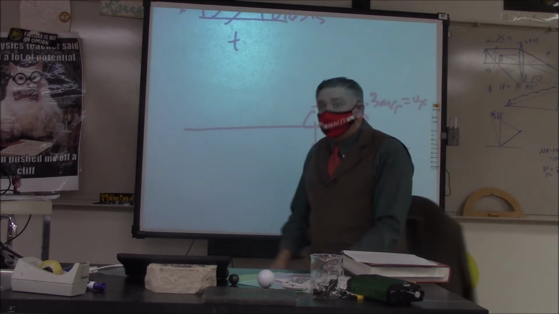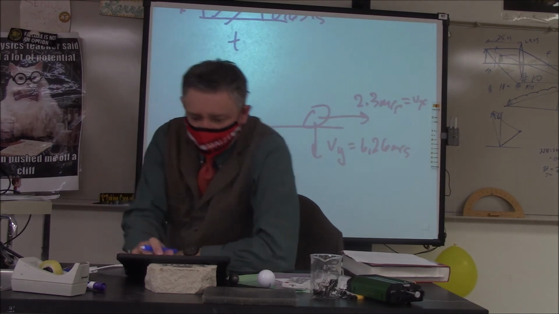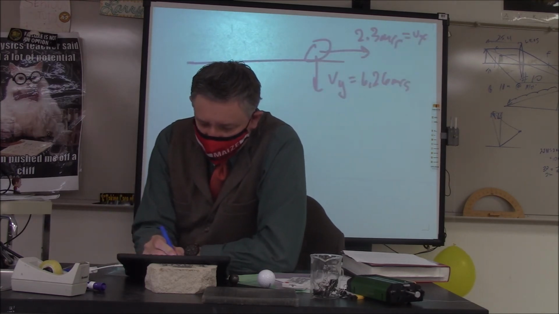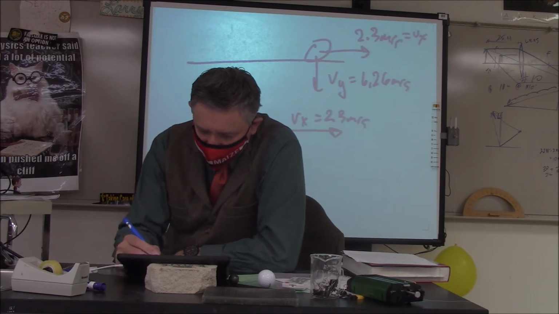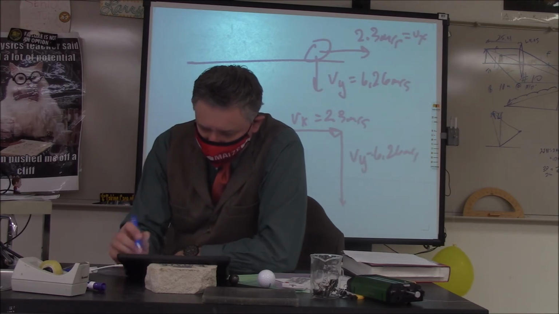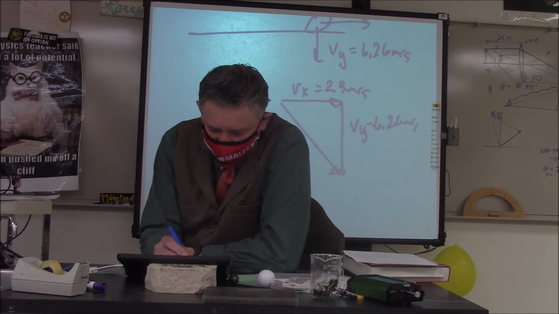This is where the terminology is so important. You've got a Vx of 2.3 meters per second, and then you have a Vy of 6.26 meters per second. What I want to do is calculate the speed.